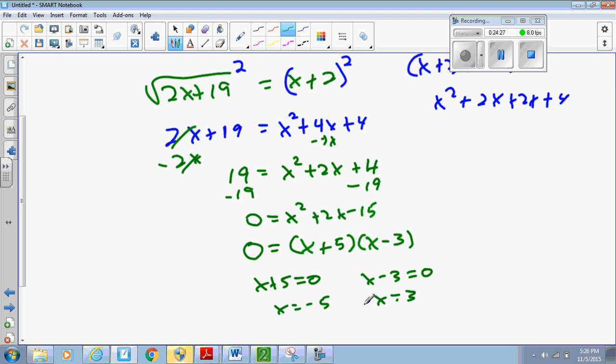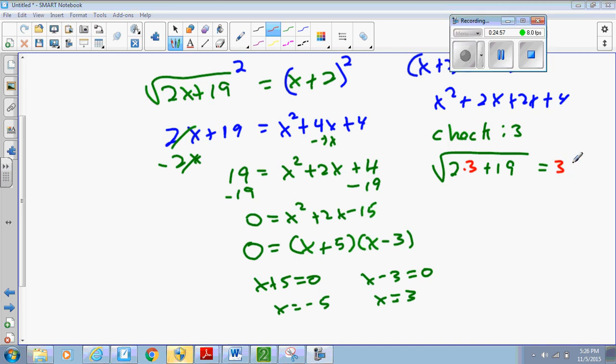At this point, I have two answers, but I want to see if they work, because sometimes they do, sometimes they don't. When I check with 3, let's put 3 in there, like I did earlier. So that's the square root of 2 times 3 plus 19 equals 3 plus 2. 3 plus 2 is the right side.